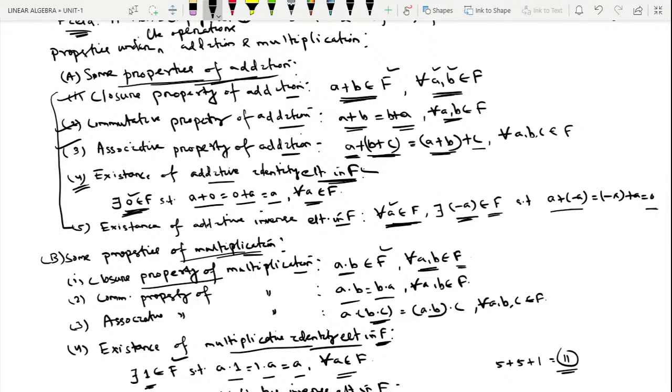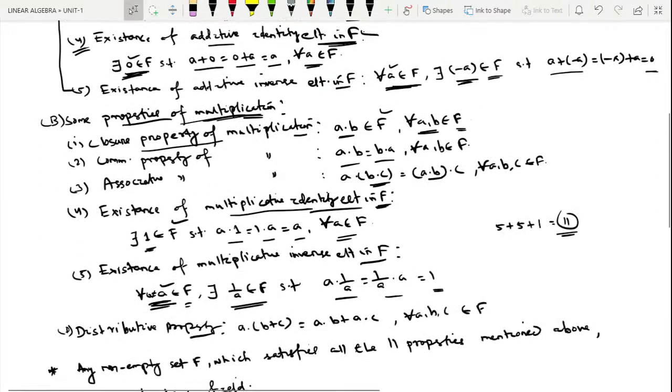For multiplication, the closure, commutative, and associative properties are satisfied, and the existence of multiplicative identity is also satisfied, because the multiplicative identity is 1 and 1 lies in Z. But the fifth property of multiplication will not be satisfied.